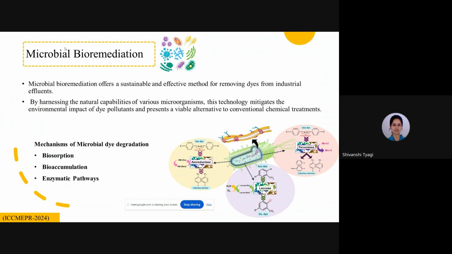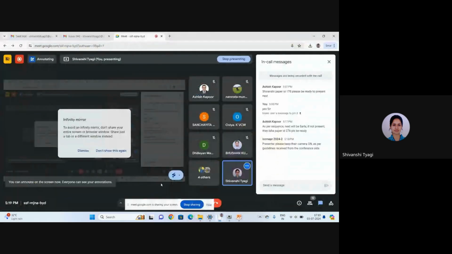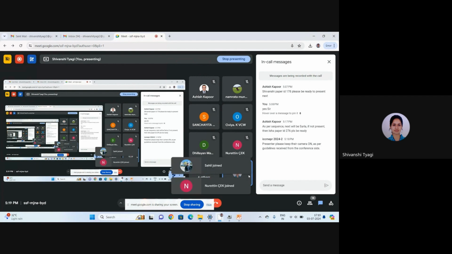Excuse me, Shivanshi. Yes, sir. You're requested to keep your camera on as per the instructions from the organizers. Yes, sir. Just a minute. So am I visible right now?